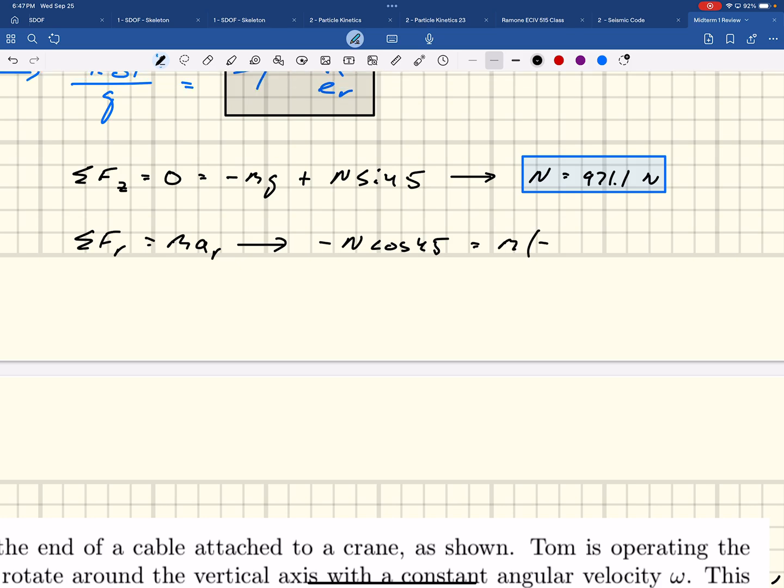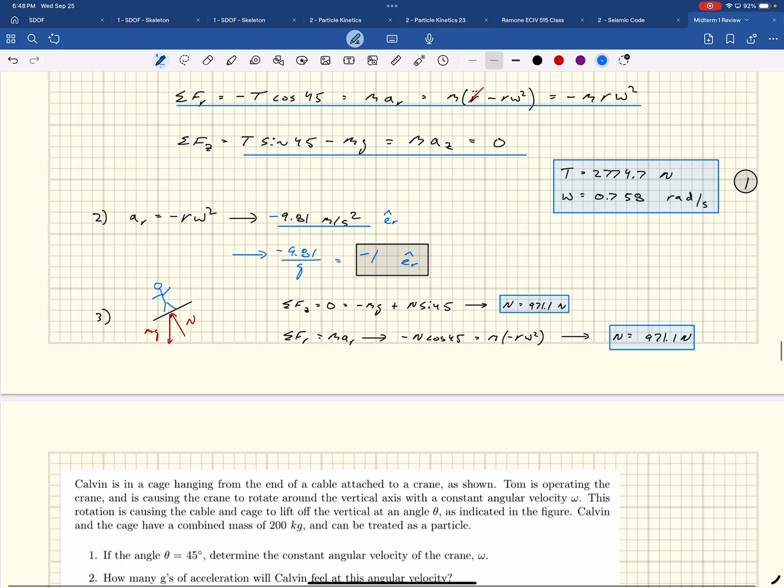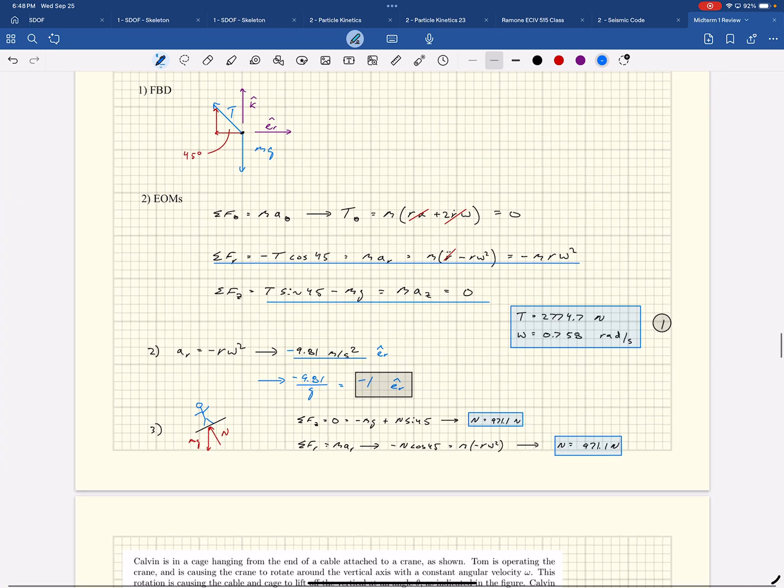If you put in the values there, you can solve for that normal force. Again, it equals the same thing, which I'd be very alarmed if it didn't. That process just takes you right to the answer.